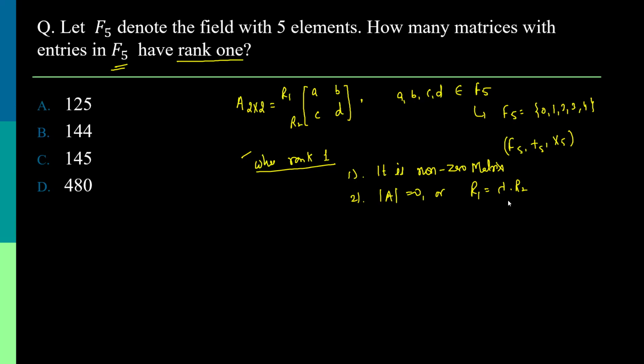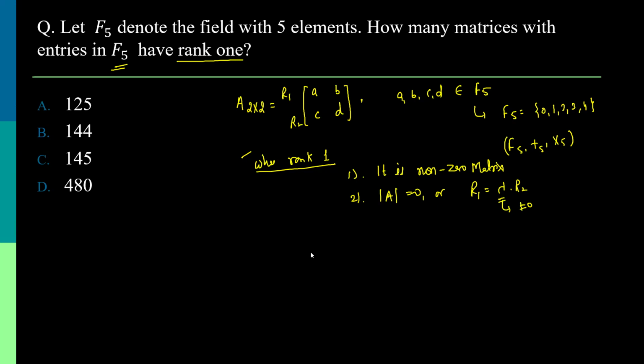So this is how we can understand what rank 1 means in this problem. Obviously, as a linear dependence concept, we are talking about a non-zero multiplier, so this multiplier should be a non-zero term. By keeping these two facts in mind, we are supposed to find the number of matrices of this type whose rank is 1 and entries come from F5.